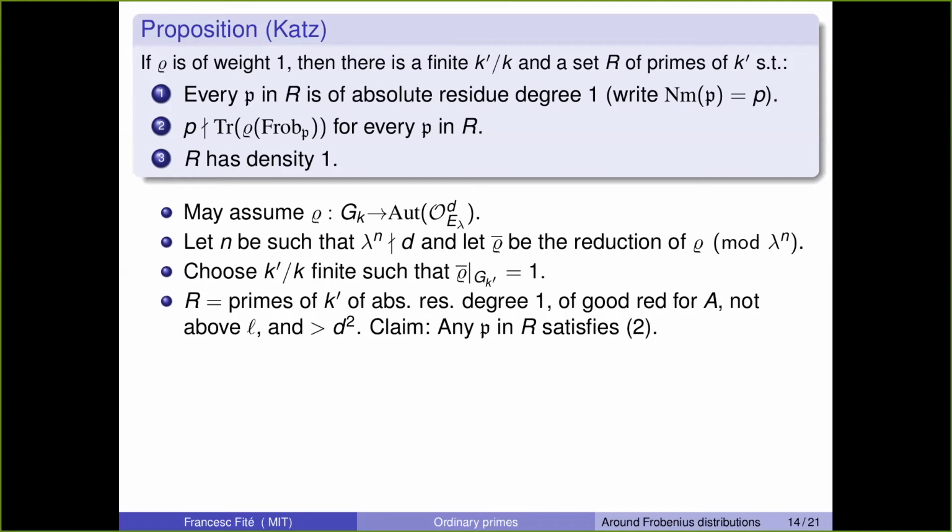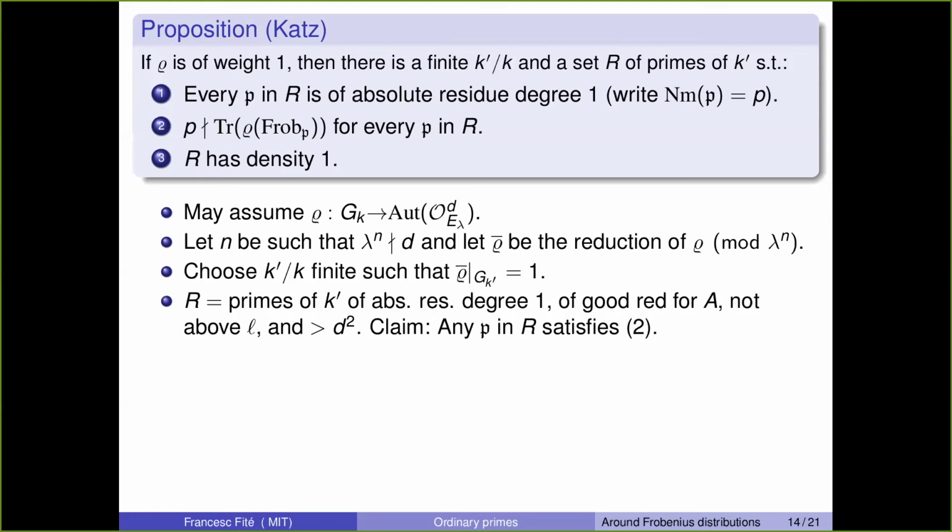And then let me take n, some natural number, sufficiently big so that the nth power of lambda does not divide the dimension d. And let rho bar denote the reduction of rho modulo lambda to the n.